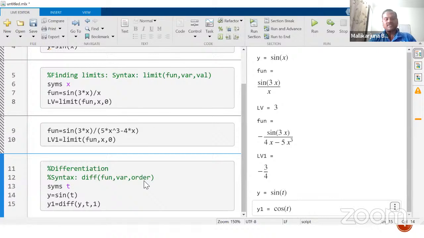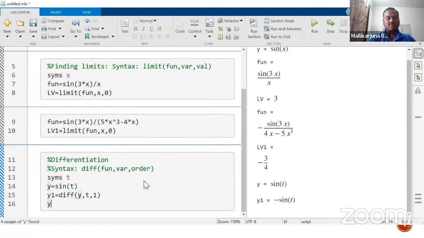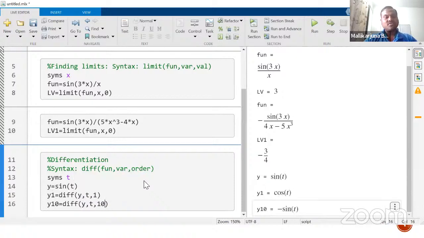Now suppose I give 10, directly we will get the 10th order solution. Let me see the 10th order: differentiation of y with respect to t 10 times. Successive differentiation, the 10th derivative of y. You can find the 100th derivative.